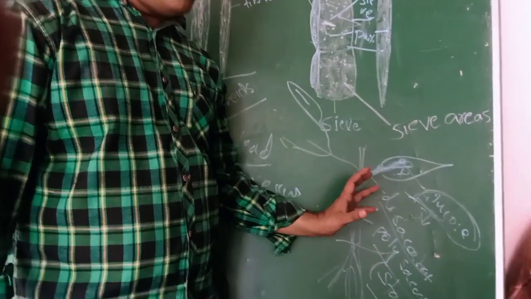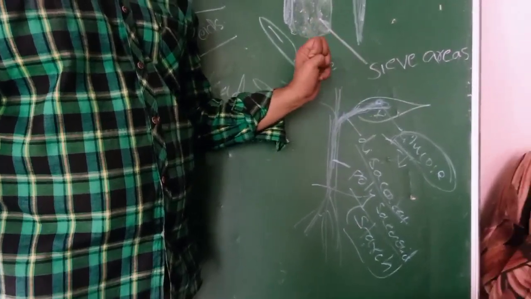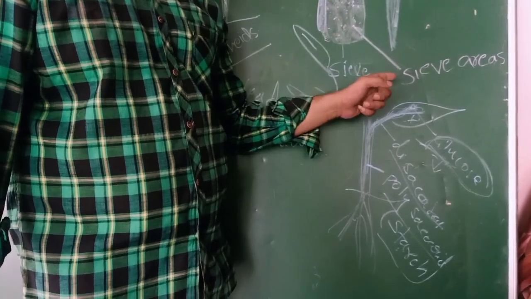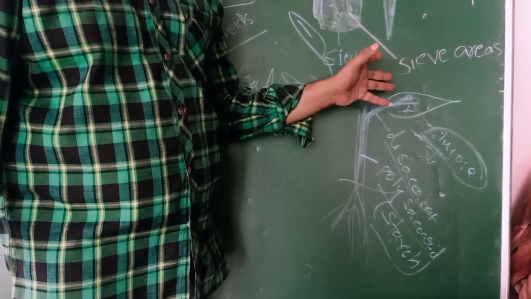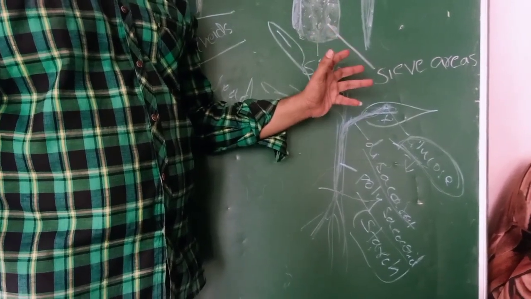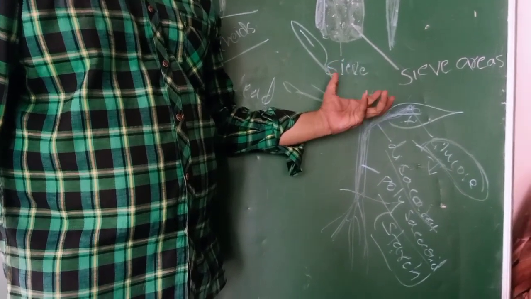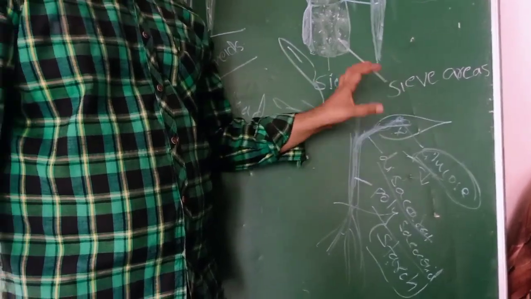That means phloem is useful to transport the food materials. Xylem is useful to transport what? Water and minerals, dissolved minerals. Both these are called conductive tissues, or we can call them vascular bundles in plant body, just like a pipeline useful to transport.